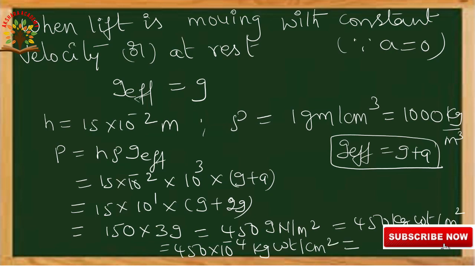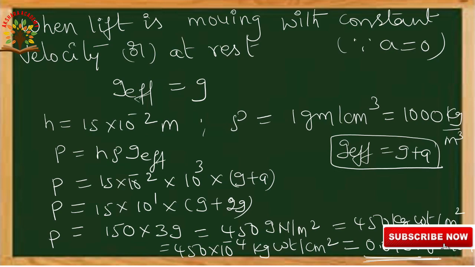That is equal to, we can write as 0.045 kilogram weight per centimeter square. This is the final answer. So pressure P is equal to 0.045 kilogram weight per centimeter square.